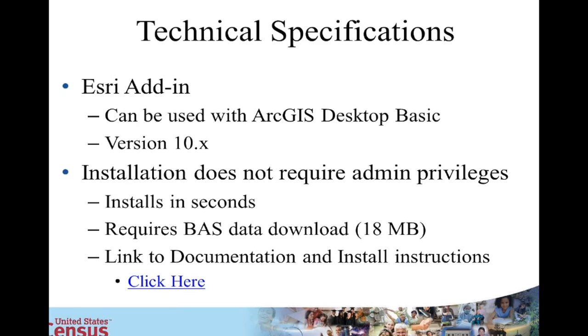The installation does not require administrative privileges, which is a big deal. In the past, we have created applications that needed admin privileges, and that is kind of a pain for everybody to get. It absolutely installs in seconds, and it does require that you download B-A-S data. For the state of Wisconsin, we've collected that data and put it on our website in a resource folder. It's 18 megabytes, so you won't have to worry about going out to the Census Bureau's website to gather those shapefiles for your community or county.